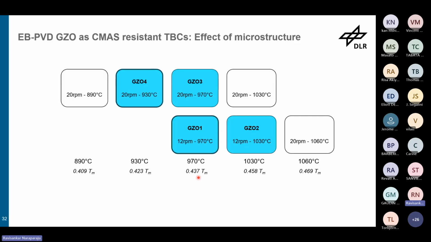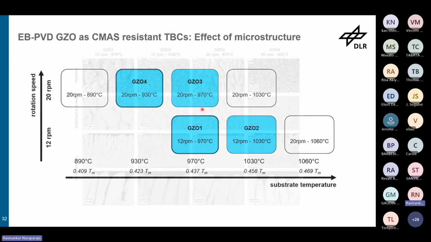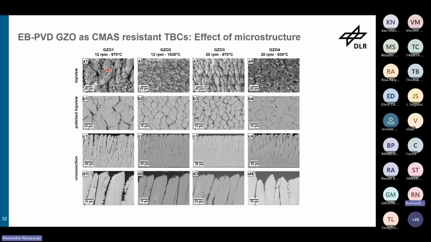Now come to gadolinium zirconate. This is also very important because gadolinium zirconate has been used as a CMAS resistant coating, but we have studied the variations of microstructure of gadolinium zirconate in EBPVD. We varied so many different parameters, and then we created several microstructures. I'm just showing 4 different microstructures, so we could see a big difference in the porosity.